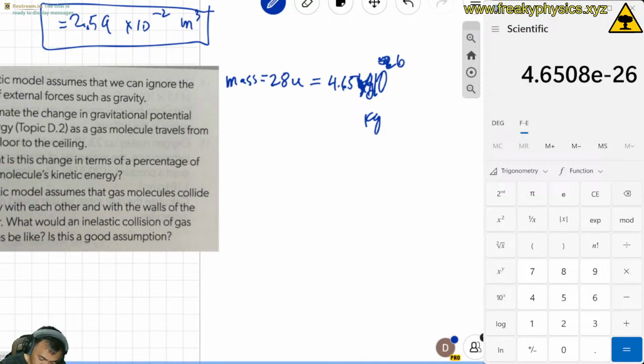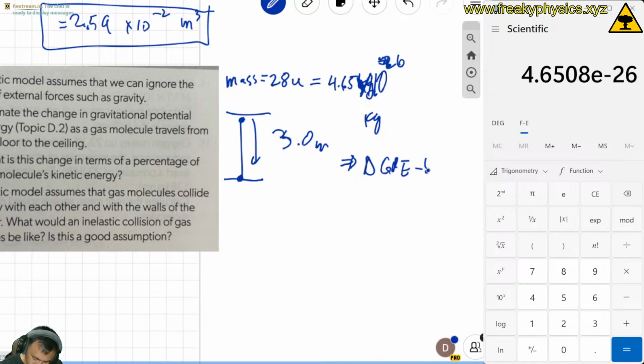Remember, let's say that one nitrogen molecule goes from the ceiling to the floor, and we know that's going to be 3.0 meters estimated, right? So what's the change in the GPE here?